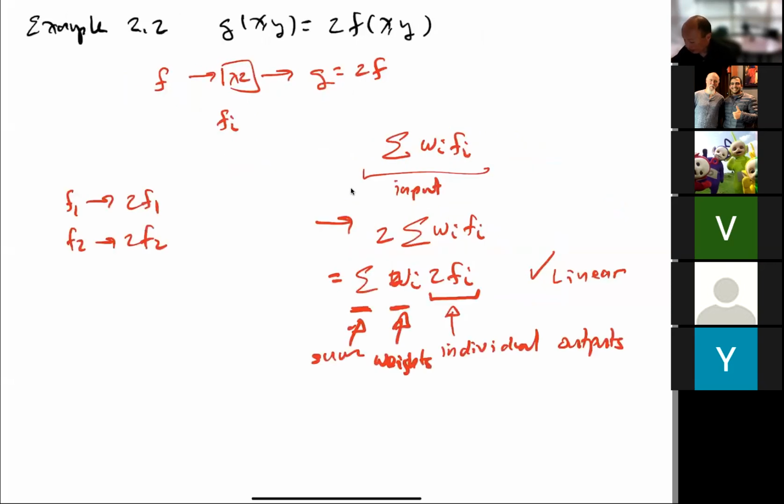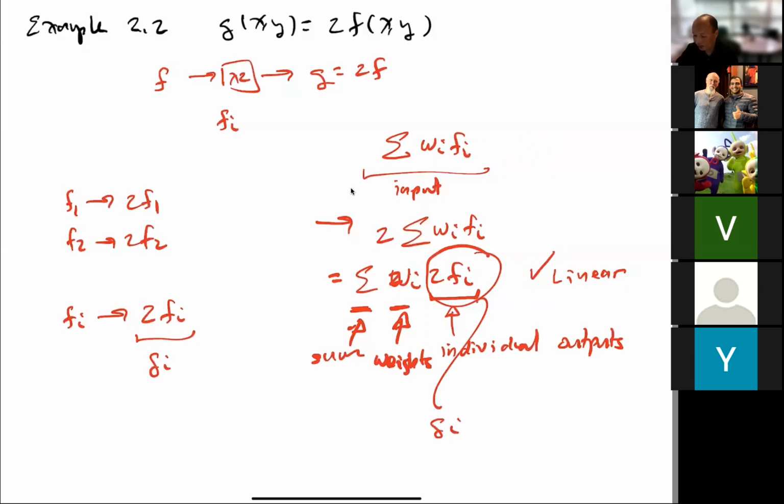Yeah, so basically each of these outputs, right? If I put some arbitrary input f_i, I'm going to get 2f_i out as the output, right? But I could also just call this g sub i, right? That's just g sub i is just the output to some input f sub i. So they're just saying 2f_i, I could also call that g_i, right?